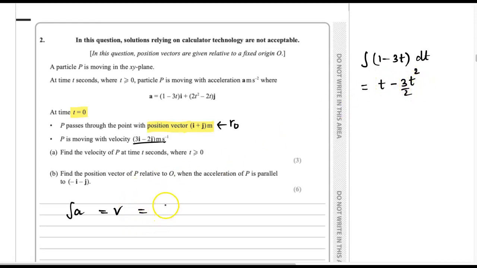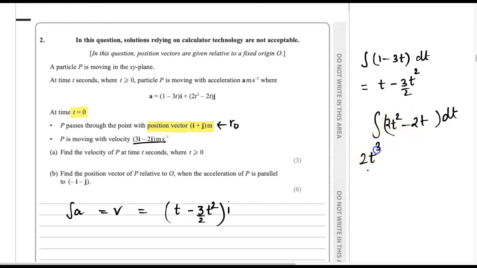So we're going to be writing it here, t minus 3 over 2 t squared i, and for j, if we integrate 2t squared minus 2t, we get 2t cubed, 2 plus 1, 3, and dividing by 3, minus 2, here 1 plus 1, 2, t squared, and dividing by that, it would be cancelled, and we're going to be getting 2/3 of t cubed minus t squared j plus c.